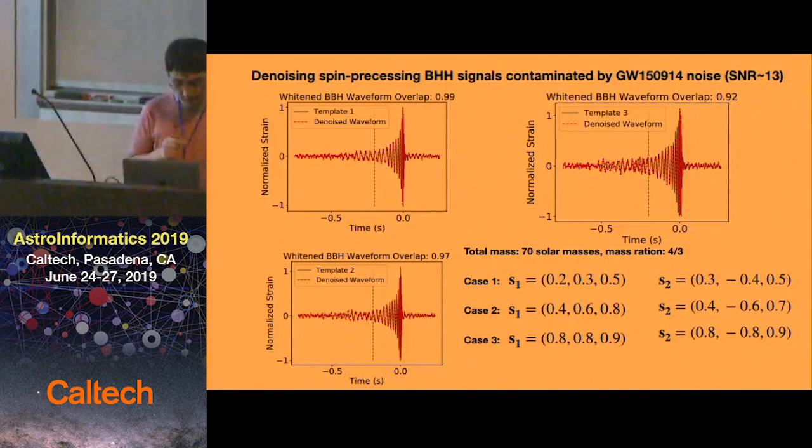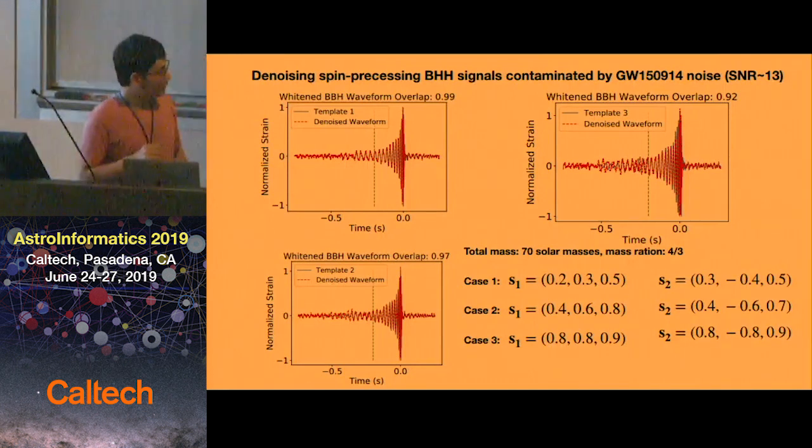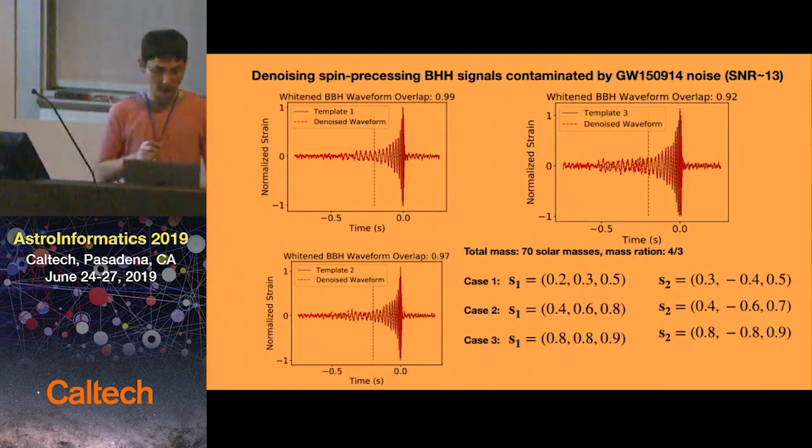But we consider 3 different sets of spins. And as you can see here, as we increase the magnitude of the spins, the performance of the algorithm actually deteriorates. But if we only restrain to small spins, our algorithm can still reconstruct the signal with an overlap of more than 99%.